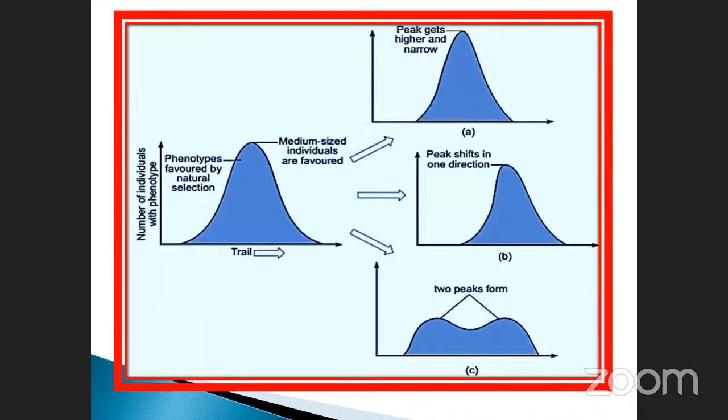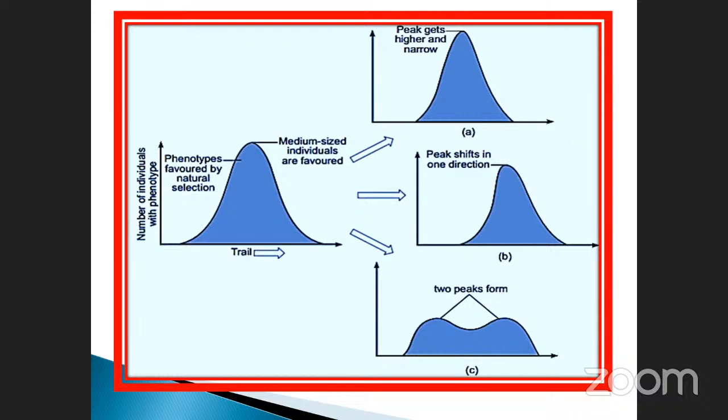See here, there is a graphical representation given here. The number of individuals with the phenotypes is plotted against the trait. In the plot, you will get a bell-like structure. This is called the phenotype favored by natural selection. It may be expressed in 3 ways.